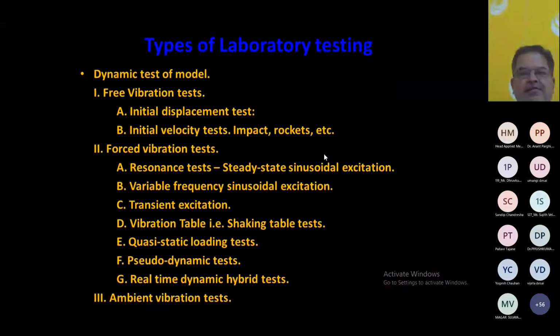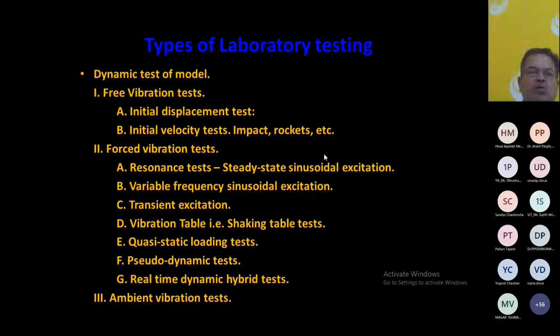Which type of laboratory testing is generally performed? When we perform a test on a model, we go for the free vibration test. What does the free vibration test mean? If you have any system, you disturb it initially. You just give a certain displacement and then allow it to vibrate.